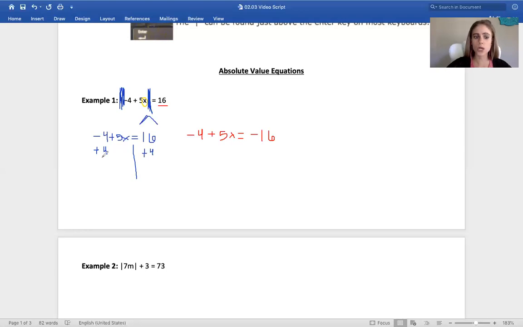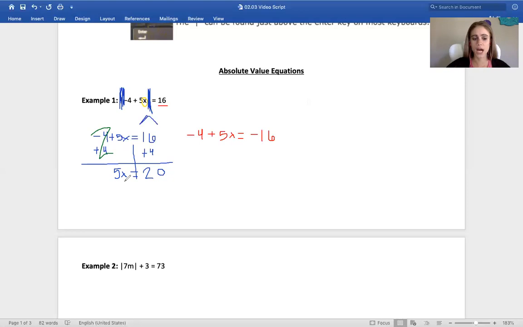So negative 4 plus 4 is 0, and that's what I wanted. So that confirms that my choice to do the inverse operation was correct because those zeroed out. So we're left with a positive 5x on the left, and then 16 plus 4 is 20.